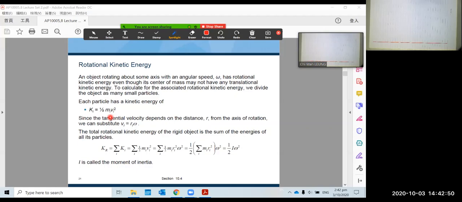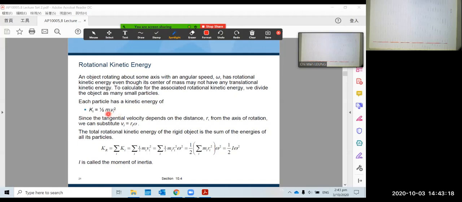For linear motion, the kinetic energy is 1/2 mv squared, something we know quite well. Of course, we have a collection of particles on a rotating object, so we just add them up together. And through the process, we found that there is yet once again similarity between the equation forms. For the linear motion, kinetic energy is 1/2 mv squared.